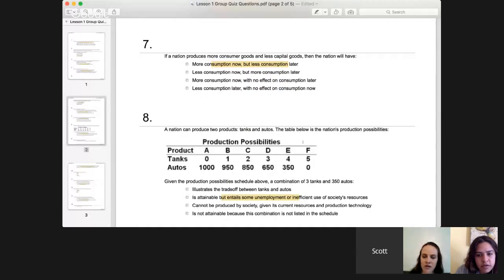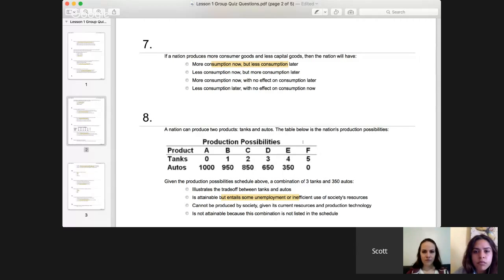Each produces more consumer goods and less capital goods than the nation will have. Okay, I don't know that one. So number 7, consumer goods are things that we consume. It's pretty easy. And then capital goods are things that will allow us to produce more later. So it's like technology, investing in technology. Okay.